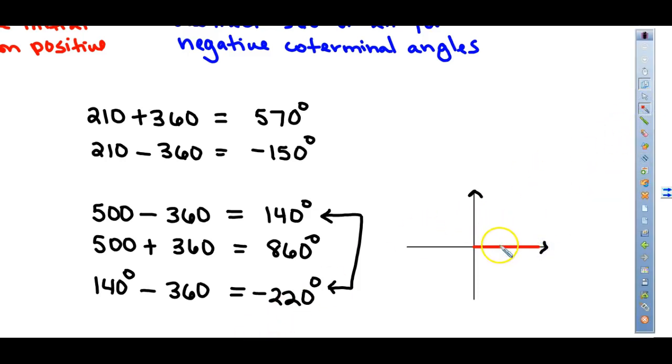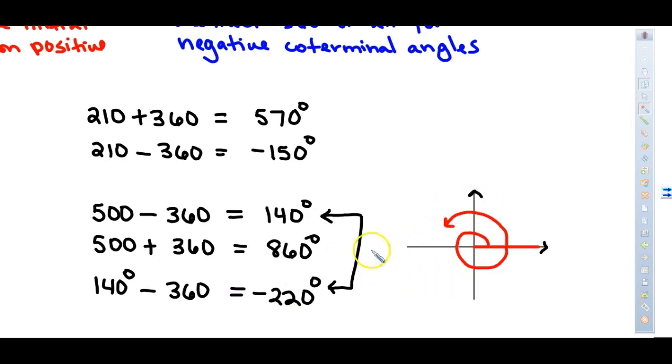I'm going to rotate this around until I get to 500 degrees. And that's a positive angle, so I'm going to go in the positive direction. So I'm going to go this direction. This took me to 360, but if I want to get to 500, I've got to go 140 more. This is 90 more, and then I need about 50 more, and I'm literally just estimating that a little bit.